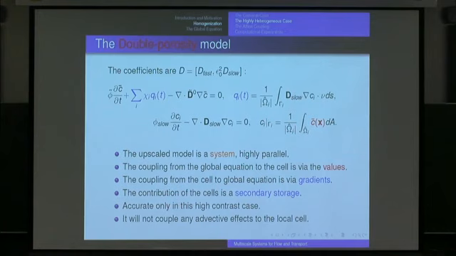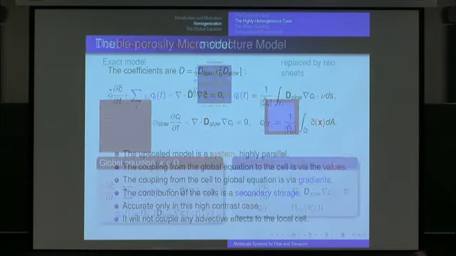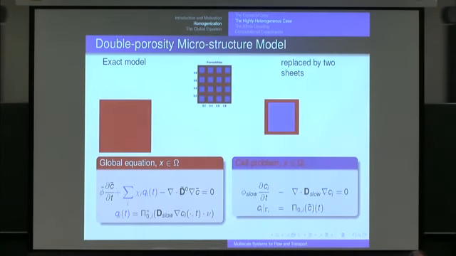Okay? So this is the upscaled model. I've written it in a discrete form, and I'll show you later the continuous form, which really doesn't change in spirit at all. And this is a schematic of that double porosity model. In that model, you basically have two things going on.